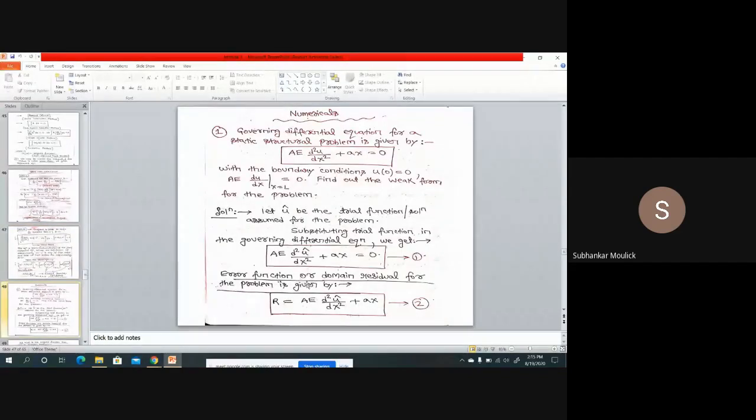In the last class I started discussing this problem, but again I will discuss it from the very beginning. So let us solve the problem.